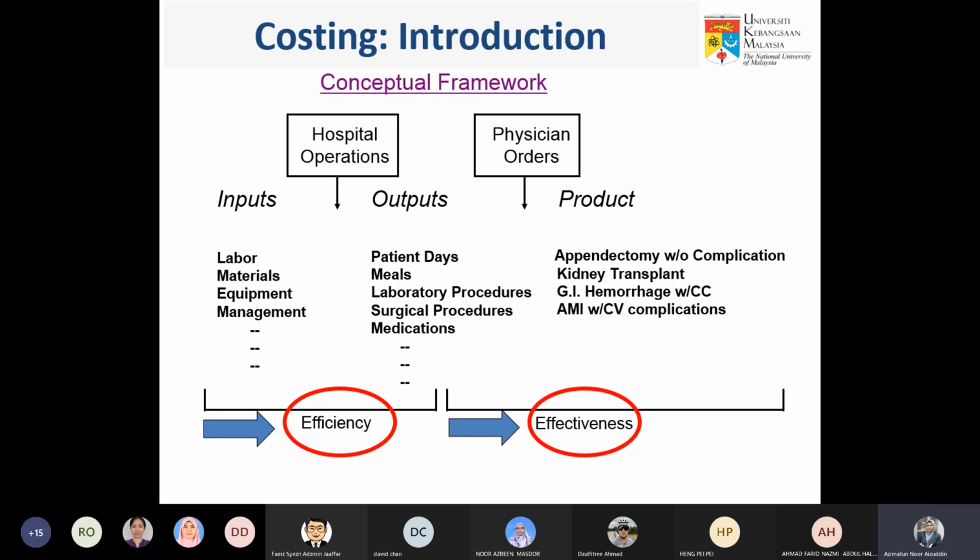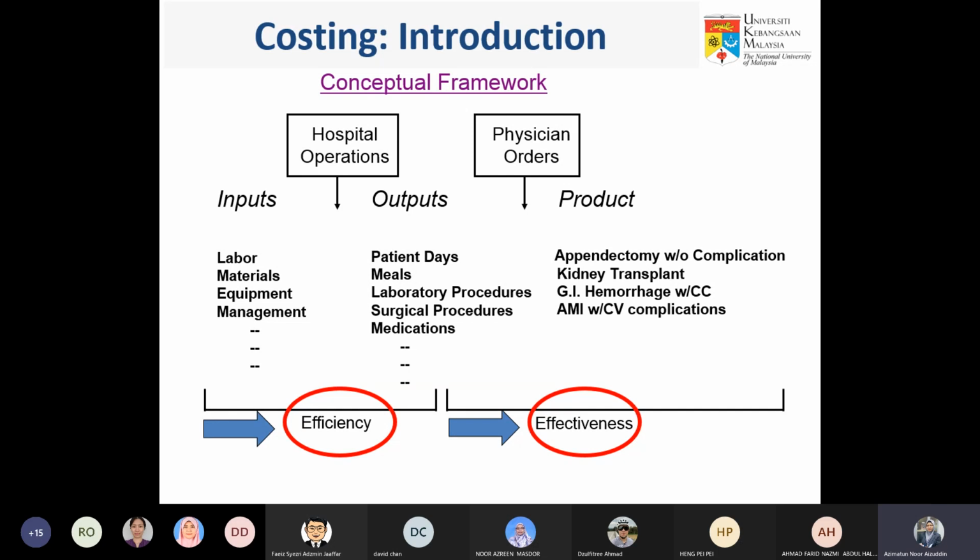So contohnya nurses, doctors dan sebagainya, berapa minit dia jumpa patients dan sebagainya, and even materials, everything that actually being used. And equipment, management, jadi kalau siapa belajar costing, input ini termasuklah harga bangunan, harga equipment, harga ambulans semua sekali. So that is actually the input that we put in when we calculate the top down.